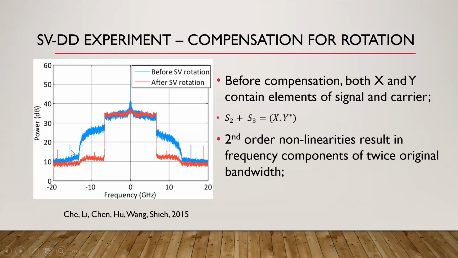So we see that, if we leave out the very extreme left and extreme right, where we've just got what is presumably noise, between about minus 13 gigahertz to plus 13 gigahertz, we've got the pre-rotation spectrum, which is approximately twice what the spectrum is after the rotation correction, which is from about minus 7 to plus 7 gigahertz. So it's about 13 gigahertz wide, and it's twice that before the rotation because of the mix of the X and Y components.